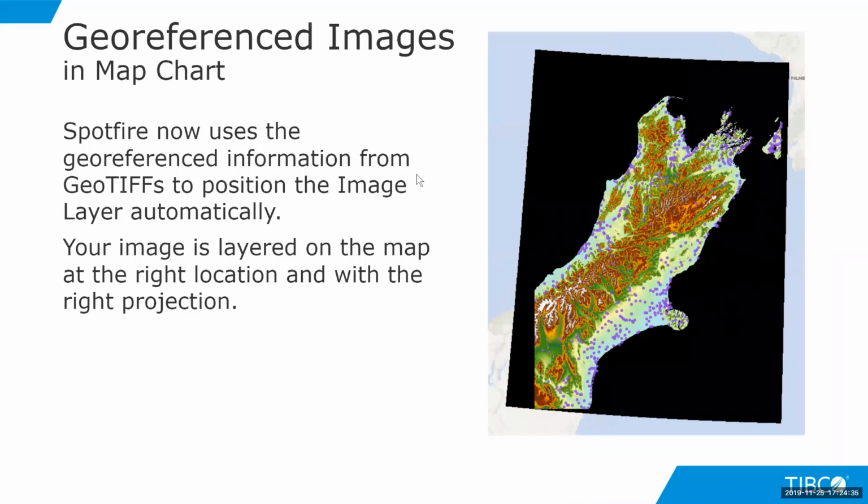Switching then to georeferenced images in the map chart, our new feature in the Geoanalytics area. Spotfire can use the georeference information in GeoTIFF images to position an image layer automatically. The GeoTIFF format is an image format used in Geoanalytics, and it can contain information such as the exact position and the projection of the image, and that means that it can be accurately placed on the Spotfire map.